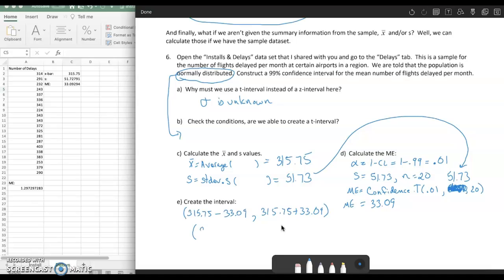And that gives us 282.66, comma, 348.84. So that is the longest type of problem that you may have to do when you are given absolutely no information about your population, and you also are not given any of the needed summary information from your sample, when you have to calculate it all from scratch.